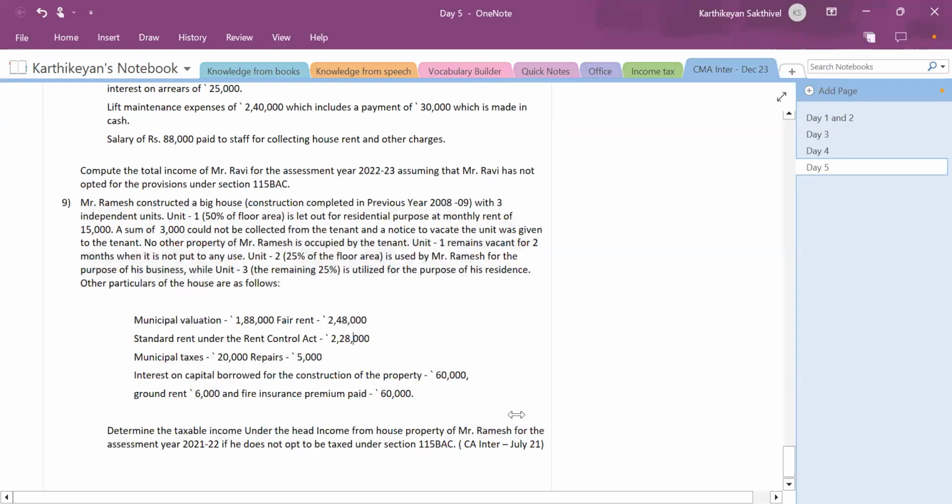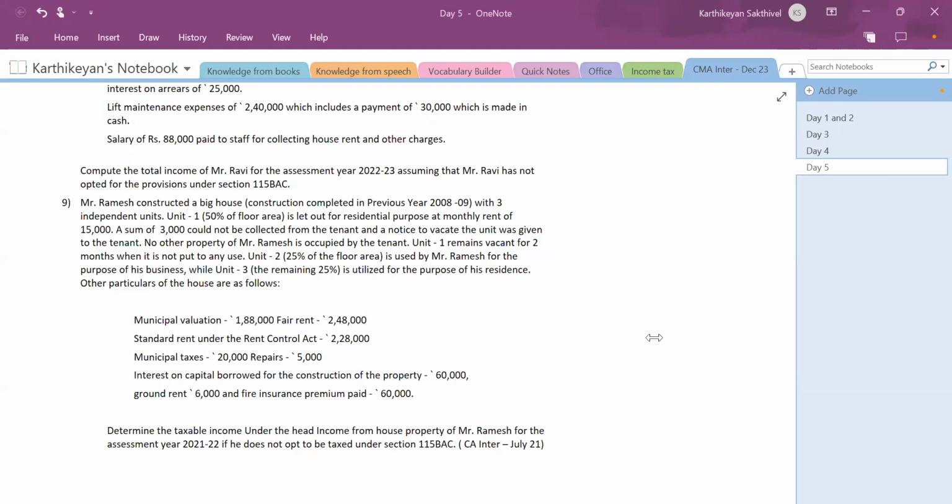No other property of Mr. Ramesh is occupied by the tenant. Unit 1 remains vacant for 2 months when it is not put to any use. Unit 2, 25% of floor area is used by Mr. Ramesh for the purpose of his business, while Unit 3, the remaining 25%, is utilized for the purpose of his residence. Other particulars of the house are as follows.